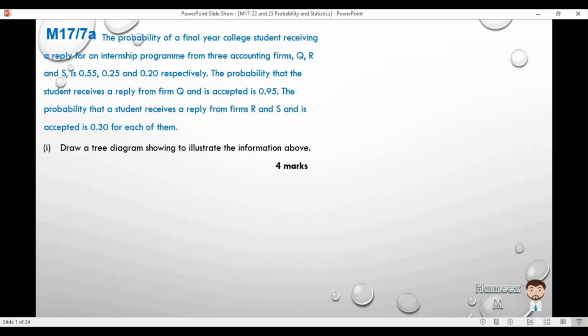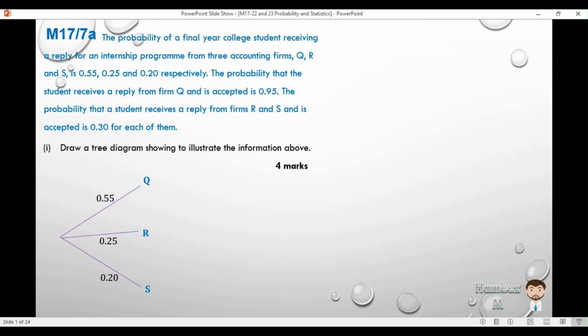So let's recall that when the student is applying, there are 3 possibilities. The first possibility would be firm Q, and the probability of that is 0.55 of getting a reply. And from R, that second firm, the probability is 0.25 or 25%. And from S, it will be 0.20.